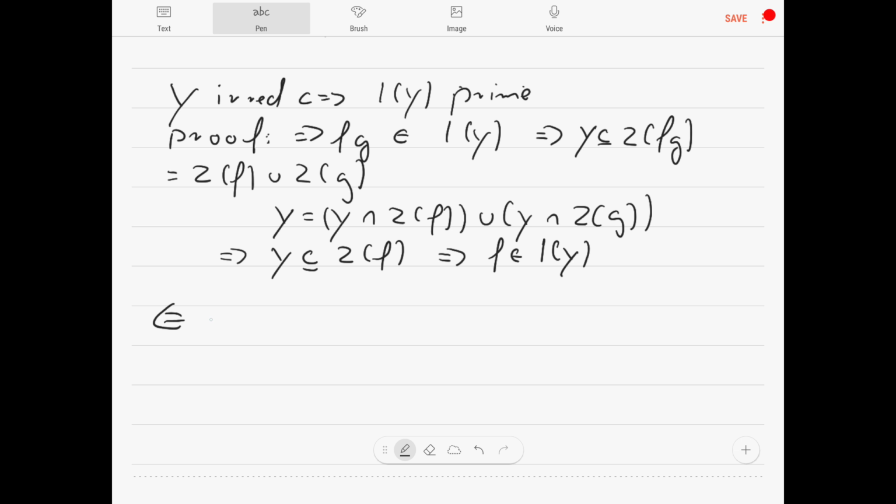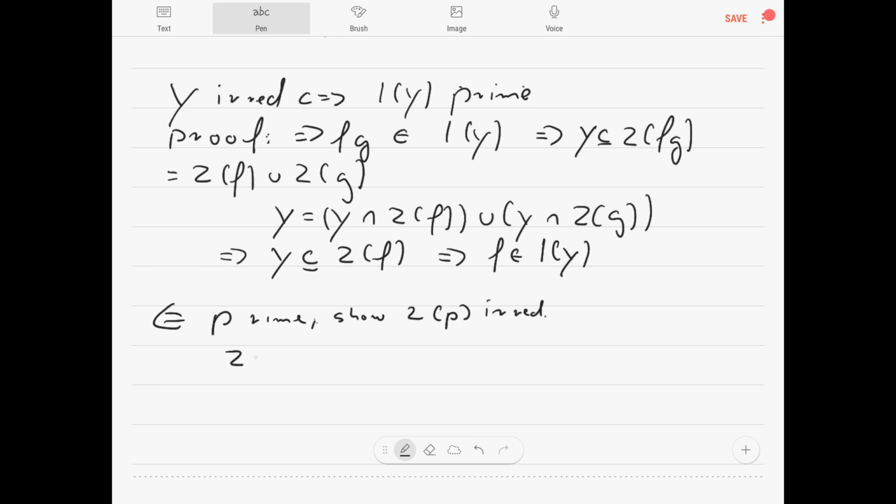Now we assume that P is prime. And we want to show that Z of P is irreducible. Okay.